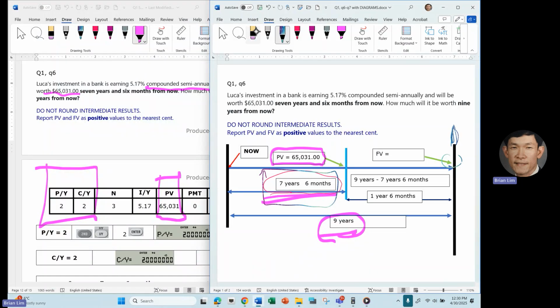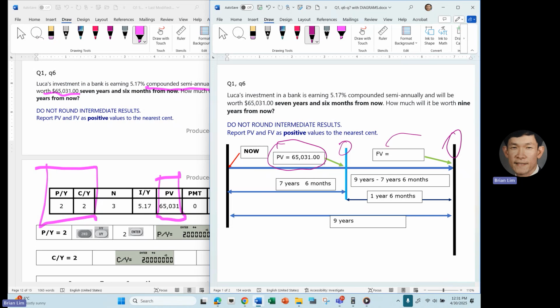Okay, so there we have the numbers. Let's clear the diagram so we can see clearly. So now we are at this point right here. That is the one we're considering. So that is the present value there. And then we want the future value over here.